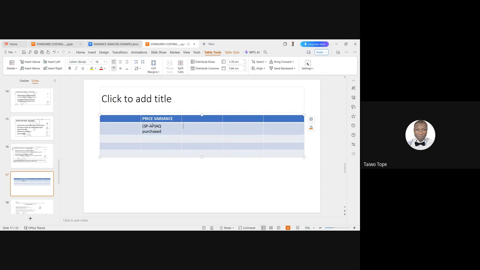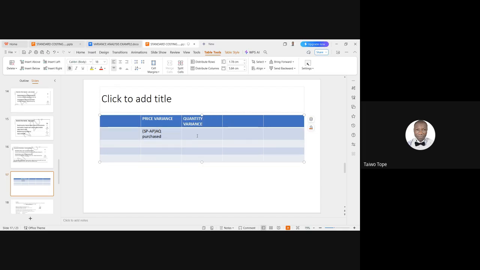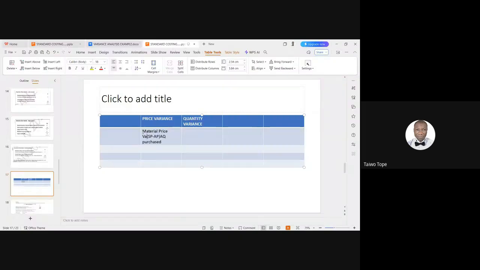Actual quantity purchased. Now, in terms of quantity variance, we have the material price variance, and then we have material usage variance.